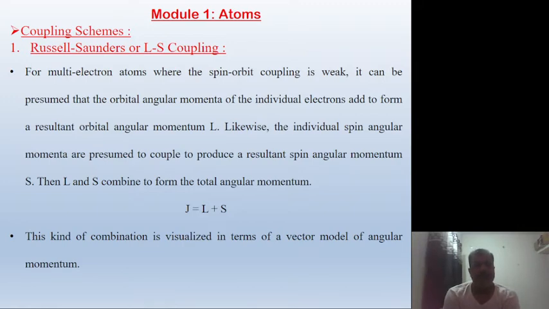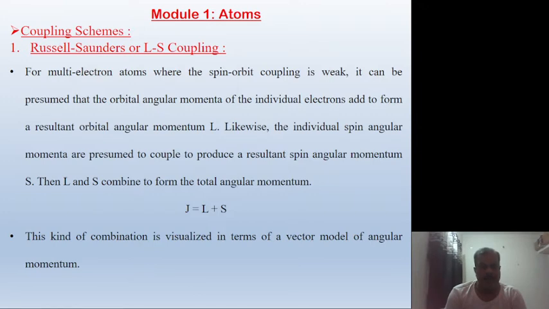It can be pre-assumed that the orbital angular momenta of the individual electrons add to form a resultant orbital angular momentum L. Likewise, the individual spin angular momenta are pre-assumed to couple to produce a resultant spin angular momentum S. The L and S combine to form the total angular momentum. S means spin angular momentum, L means orbital angular momentum. The total angular momentum J is equal to L plus S.